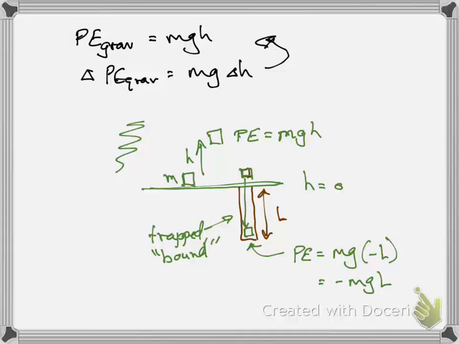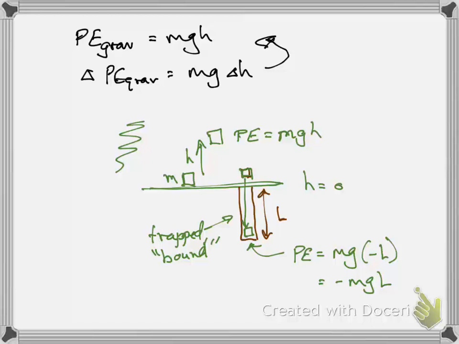I've got to give it enough kinetic energy to overcome the negative potential energy. So the total energy to get it out of the hole must end up being greater than 0, right? I've got to give it an amount of kinetic energy at least equal to that negative potential energy to get it up to h equals 0. So the total energy must be greater than 0 in order to get it unbound.